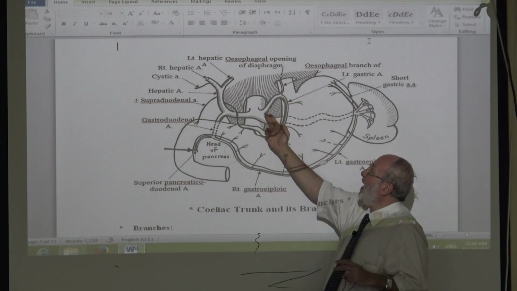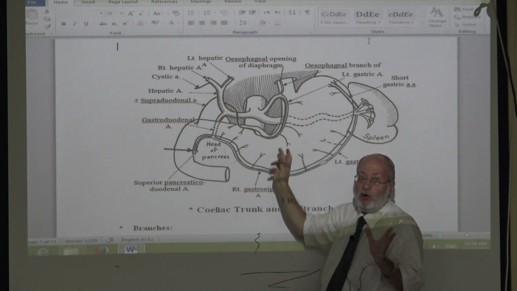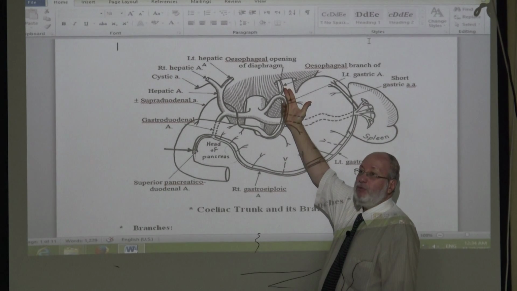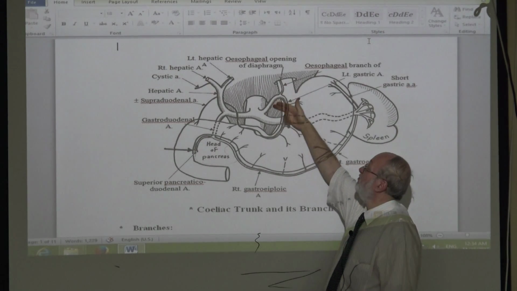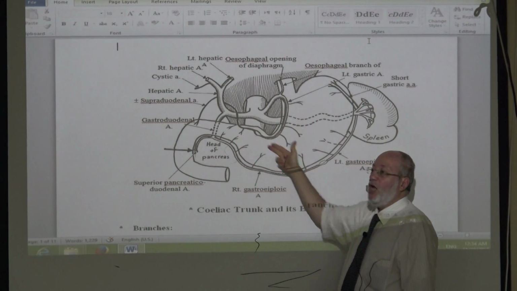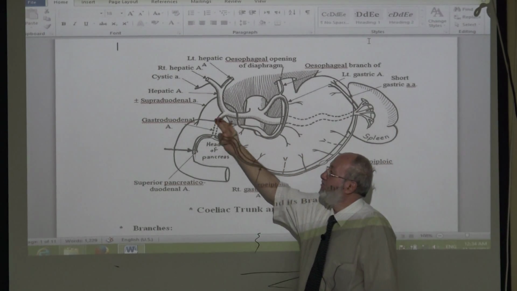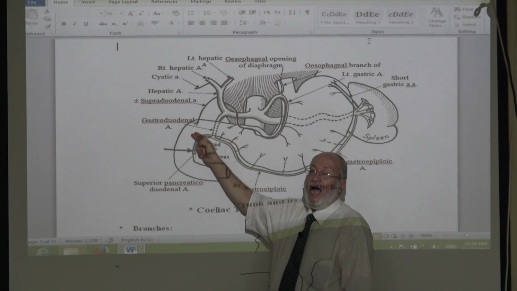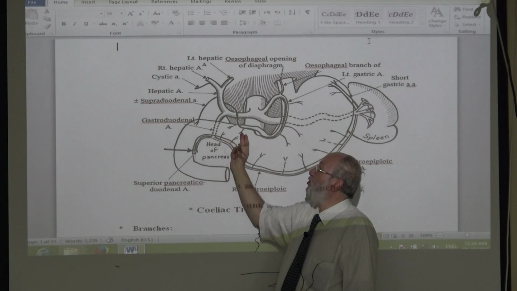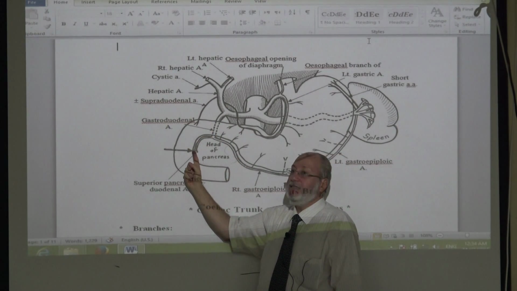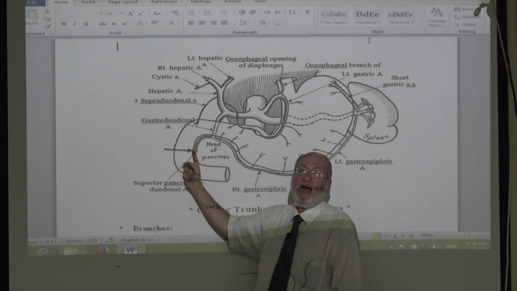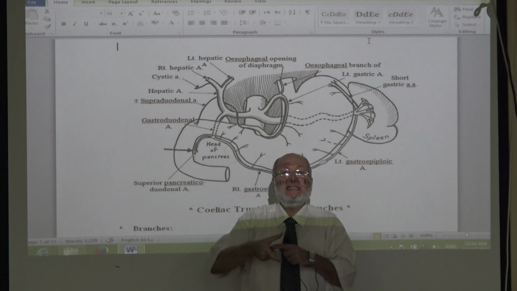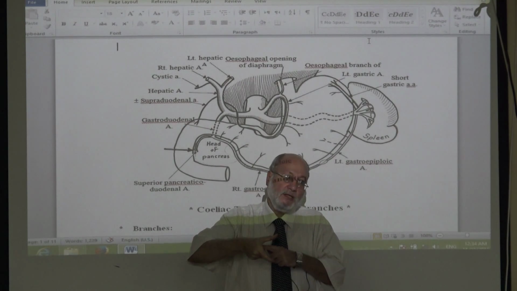The aim of the celiac trunk is to supply the following structures: abdominal part of the esophagus, stomach, upper half of the duodenum until the ampulla of Vater. The ampulla of Vater is in the middle of the duodenum.